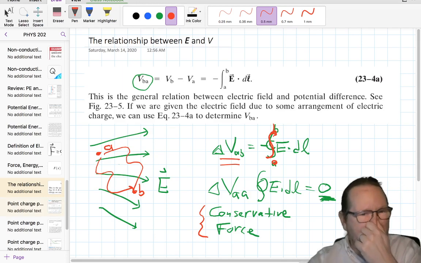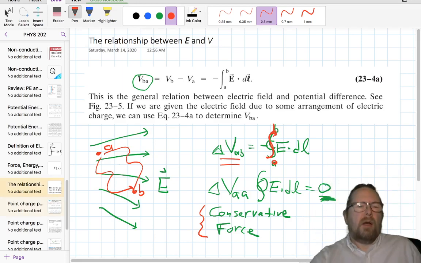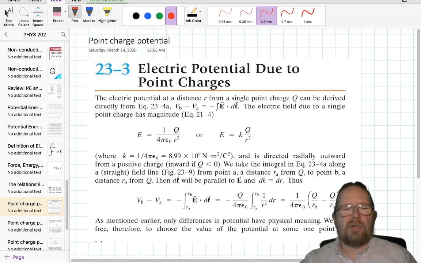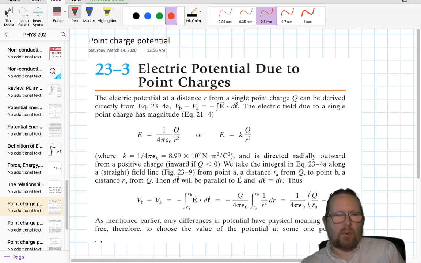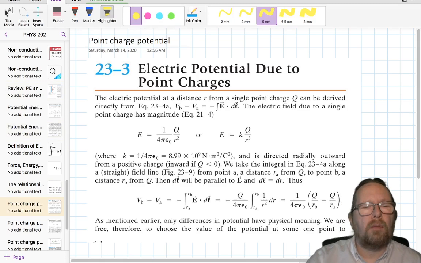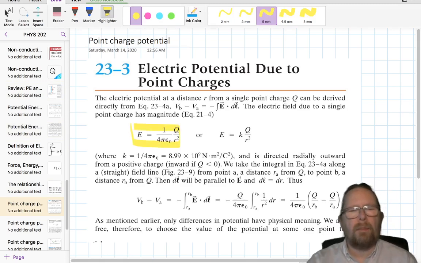So how do we use this to actually calculate things? Your book in section 23.3 derives an expression for the electric potential due to a point charge with charge Q. And it's very straightforward if you know that the electric field of a point charge is just given by 1 over 4 pi epsilon naught Q over R squared.